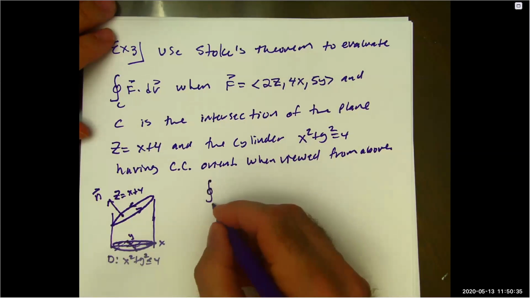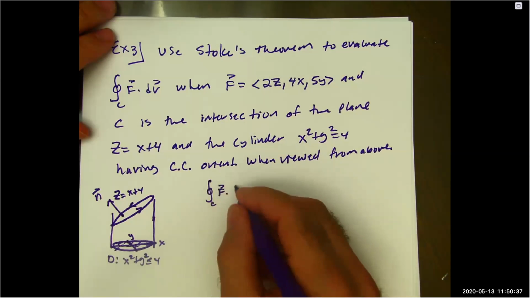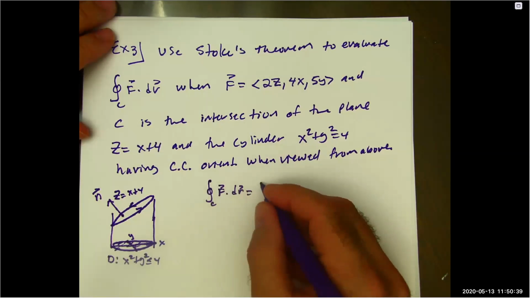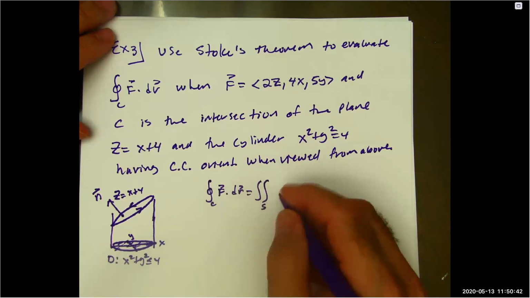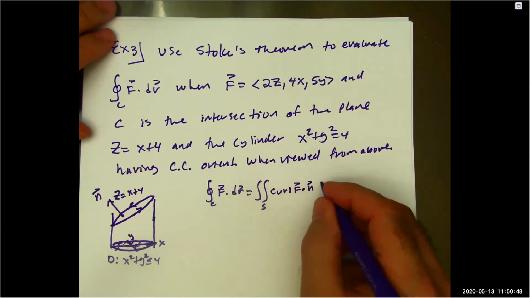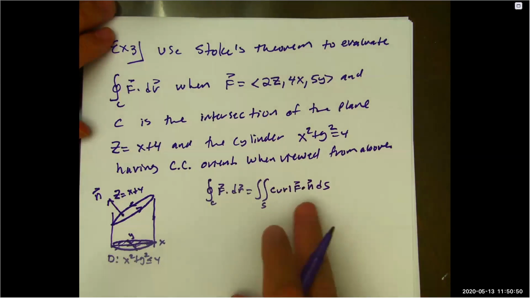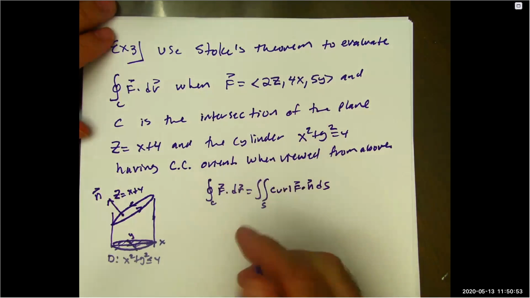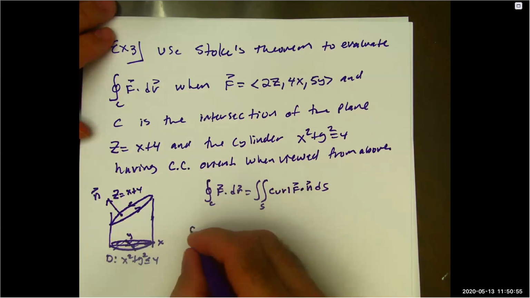So we know that this line integral is equal to the surface integral. We're going to have to calculate the curl of F dotted with n dS. That means I need to calculate the curl of this vector field.